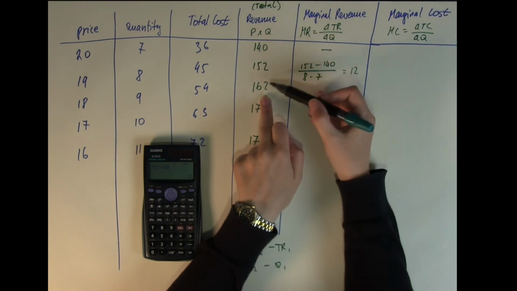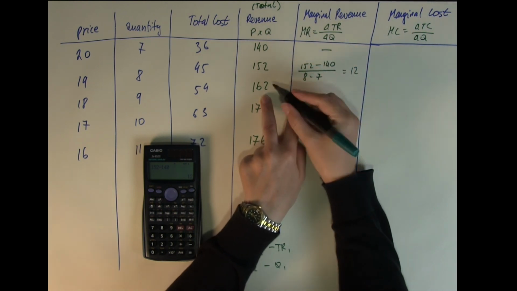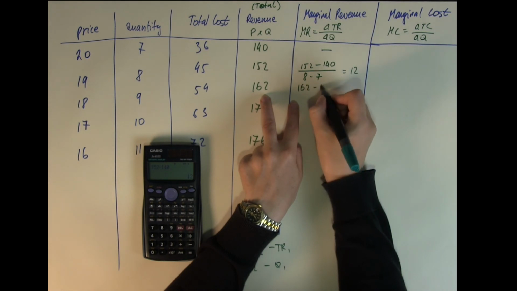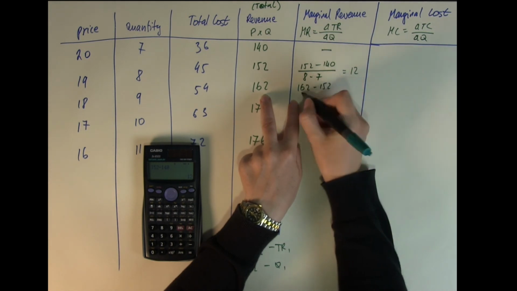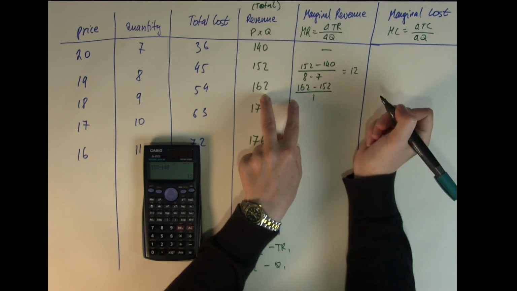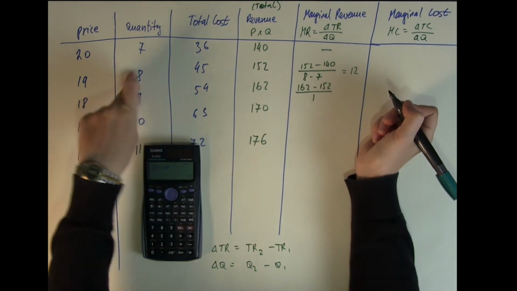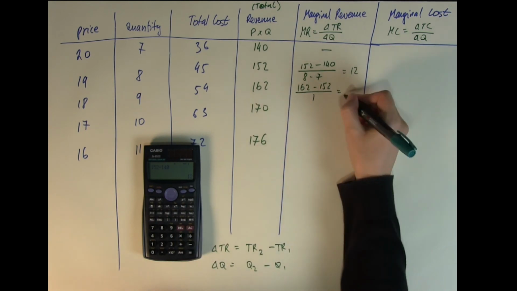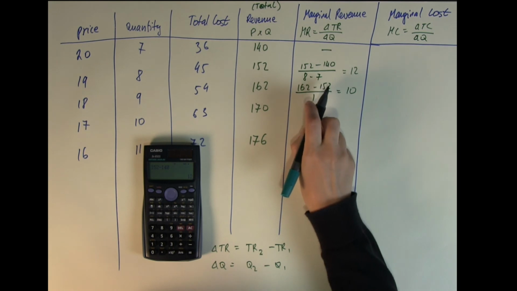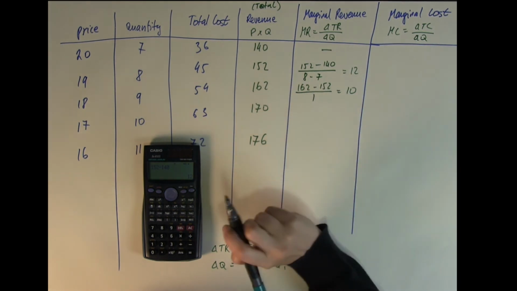How would that differ here? So the change in total revenue now would be 162 minus 152, and I would need to divide that by the change in quantity, which is 1, because 9 minus 8 makes it 1. That will be 10. 162 minus 152 is 10. 10 divided by 1 gives you 10.